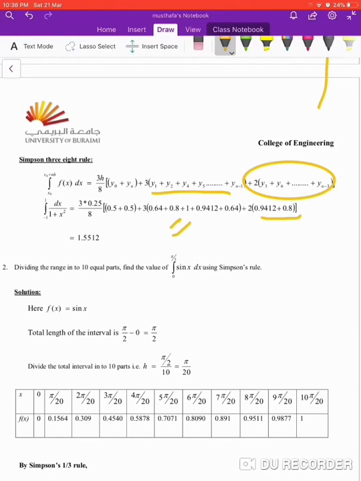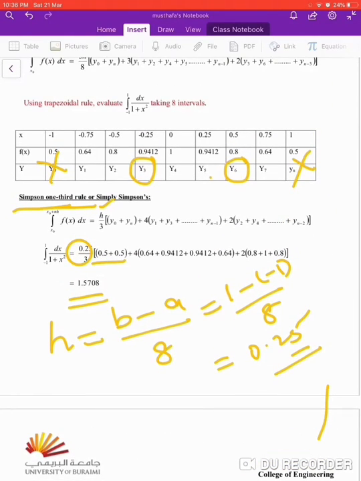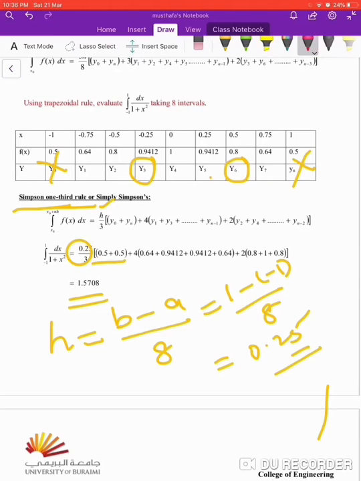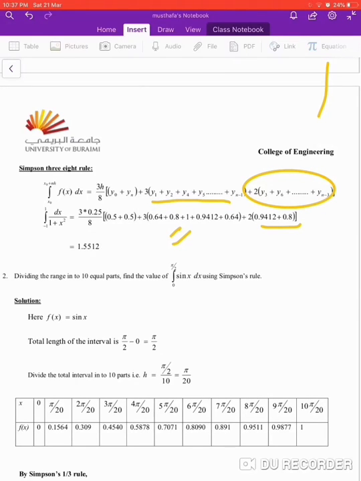Now come to the second term. In the second term, 3 times the remaining values. What are the remaining values that we have in our table? The remaining values are y1, y2, y4, y5 and y7. Take all these values, substitute in the formula and multiply by 3, and simplifying this expression will result in 1.5512.